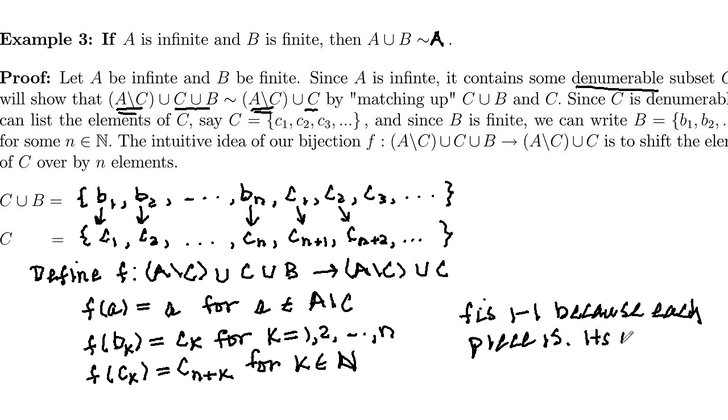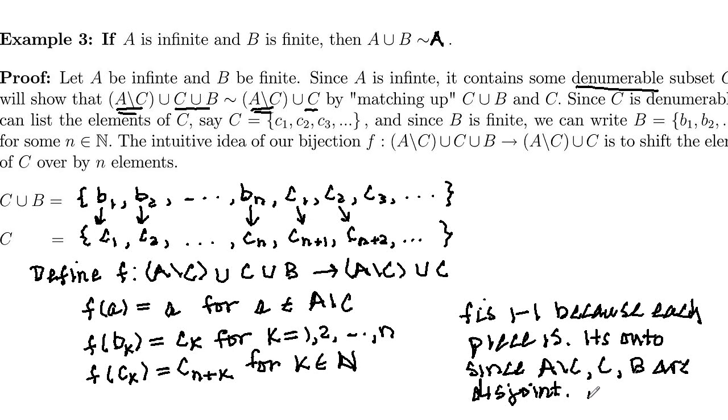It's onto since A minus C, C, and B are disjoint, and each one of those subfunctions is onto. Okay, and then that finishes our proof.